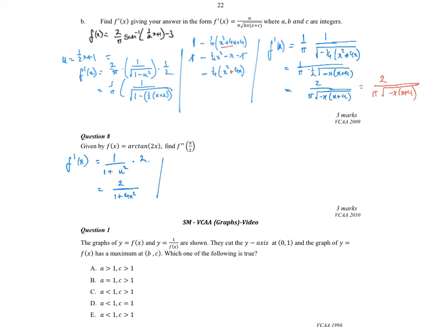F double dashed of x is equal to, derivative of the top is 0 times the bottom, minus derivative of the bottom, which is 8x, times the top, over the bottom squared, which is negative 16x over 1 plus 4x squared, all squared.